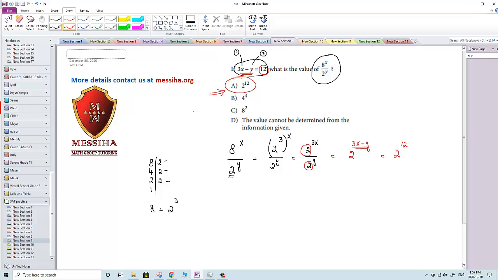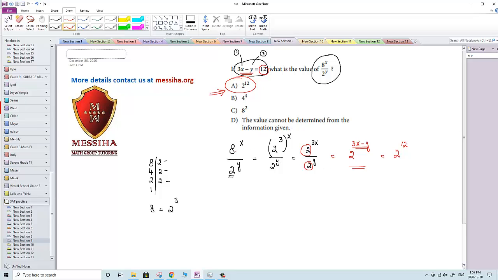So here you can see how this question is very strong. If I don't think about how to transform the 8 to 2 to the power of something, I can't reach this and then reach the 12. Some students will think that if I don't have x and I don't have y, there is no answer, and they're going to jump to answer D, which is wrong.